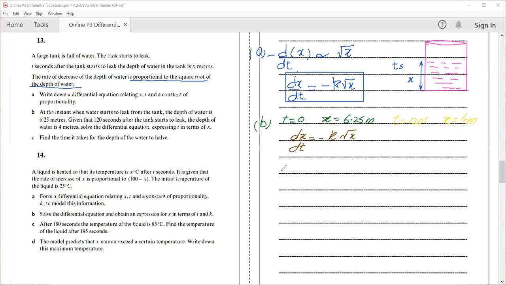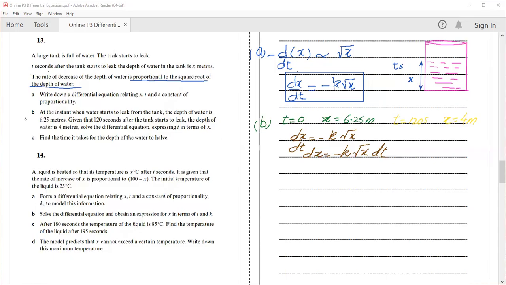As we know from when we started the differential equation, the left hand side must have the terms involving the derivative, and first you have to remove this denominator. So you have dx is equal to minus k times under root x into dt; the minus sign remains over here.